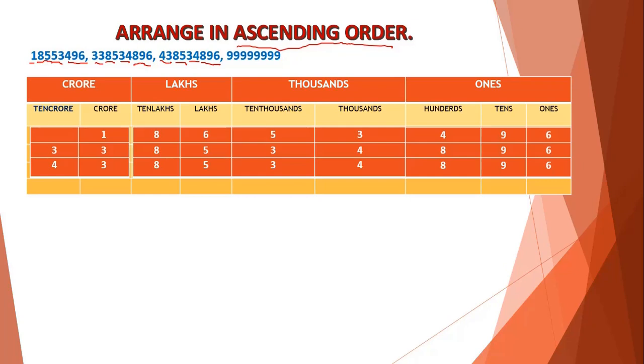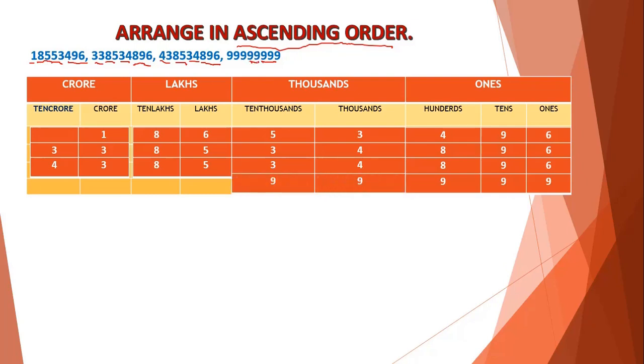And the last number we'll take, and that also we will arrange. These three nines, that is 999, will come in ones period. The next two digits, that is 99, again will come in thousands period. Two more 9s are there, that again will come in lakhs.